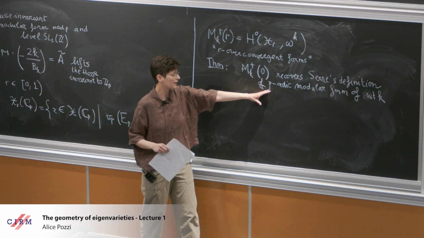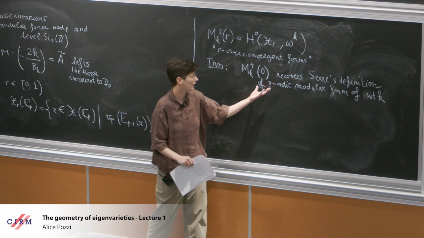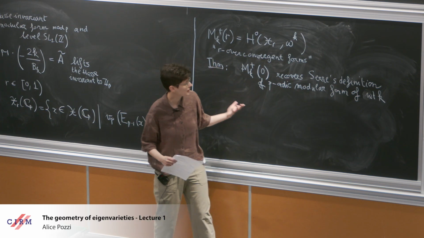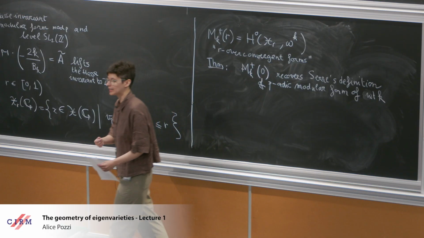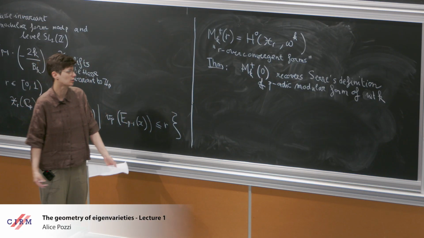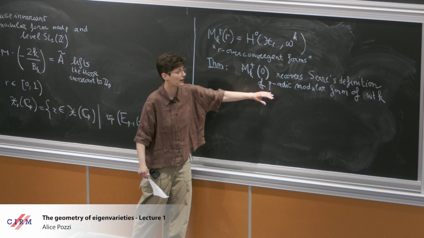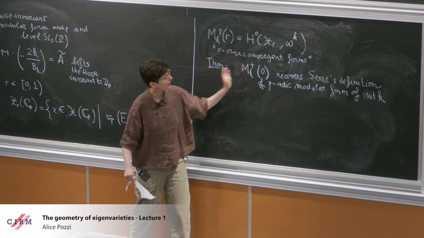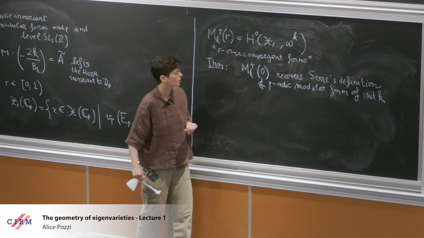Which is a very nice definition, just in terms of p-adic modular forms being essentially obtained by taking p-adic limits of classical modular forms in terms of q-expansion. That's very concrete.